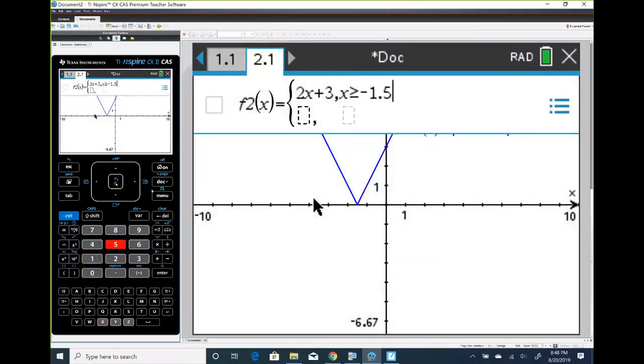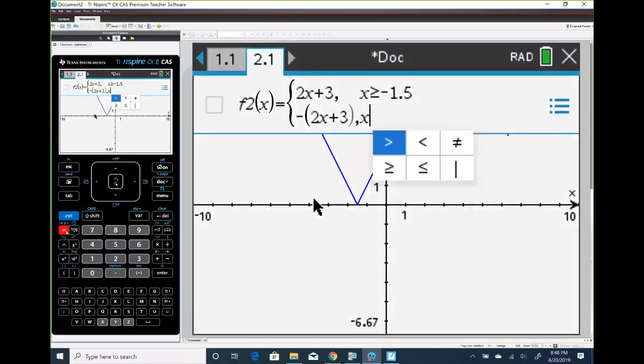And then I have the opposite of 2x plus 3. And that would be when x was less than negative 1.5. And there we go, my less than.